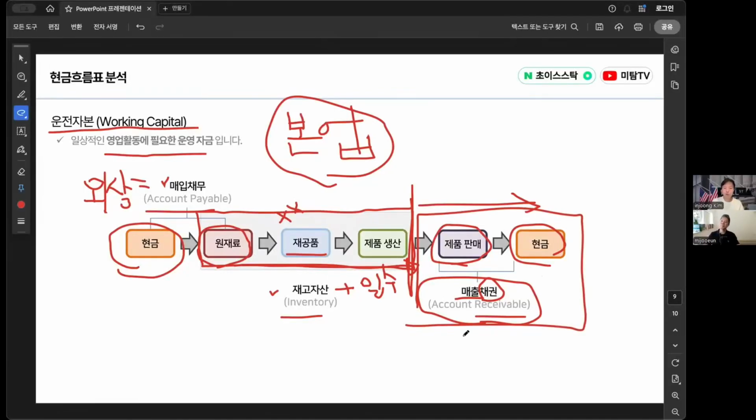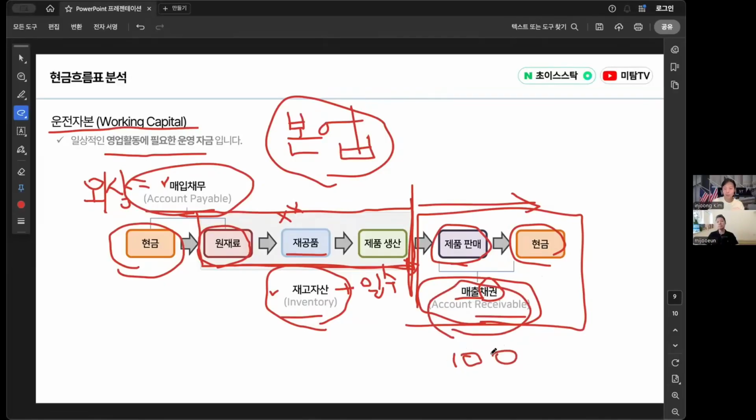So these three, accounts receivable, inventory assets, and accounts payable, these three make up working capital. Accounts receivable plus inventory assets plus accounts payable, these three are what make up working capital. There are companies that need a lot of this. For example, let's say there's a company where it takes about 100 days to collect accounts receivable.